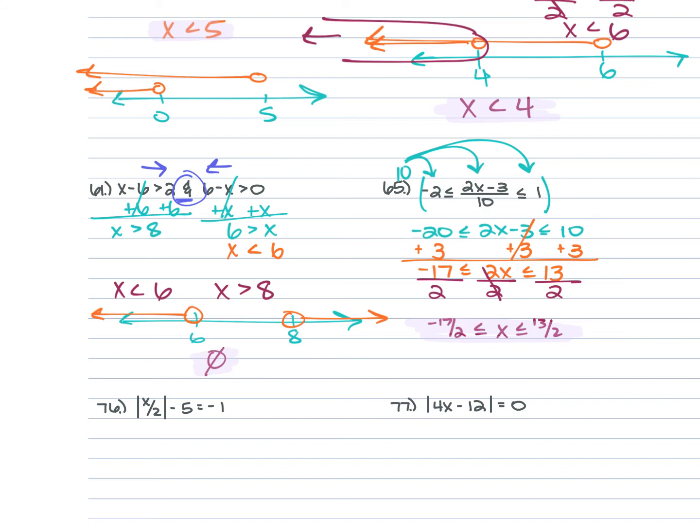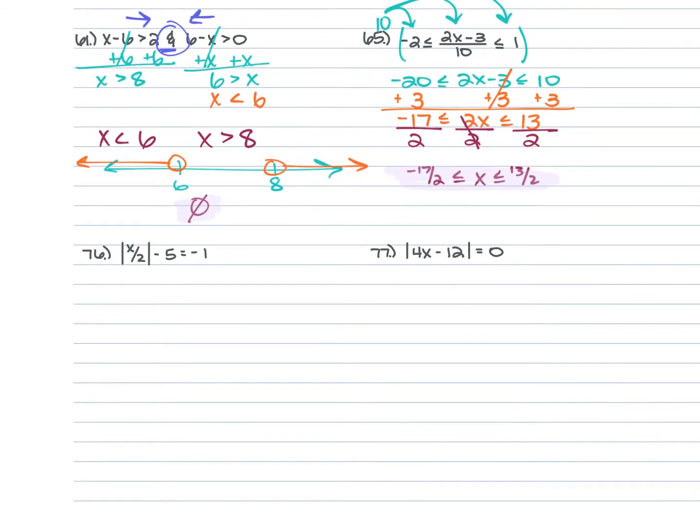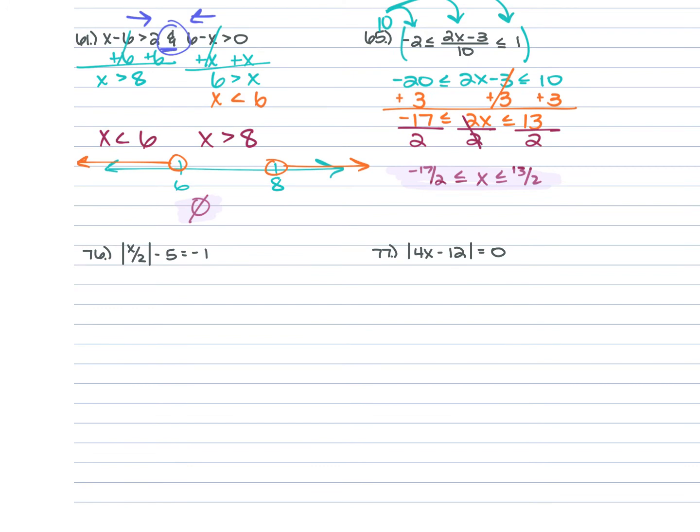The next part that we're going to get into is absolute value equations and inequalities. Remember, with these, isolate the absolute value first. Once you do that, evaluate what you have. If you're working with an equation and the absolute value is equal to a positive number, great.